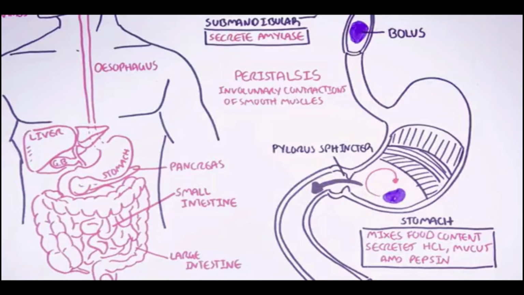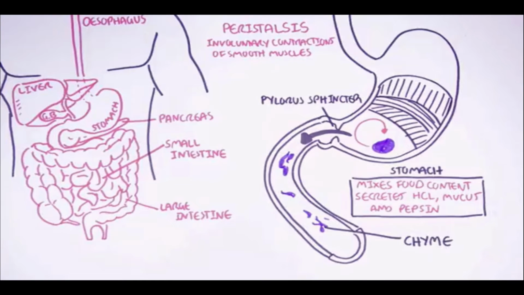Once na digest na, that's the time the pylorus sphincter will open para makagawas ngadto sa small intestine. It is in the small intestine where the nutrients were absorbed. Ang diri na absorb mapakato large intestine.